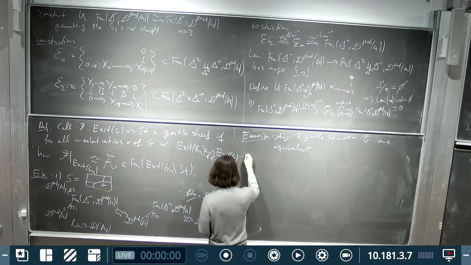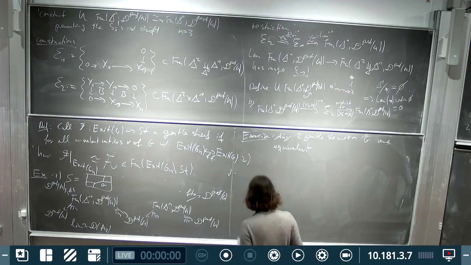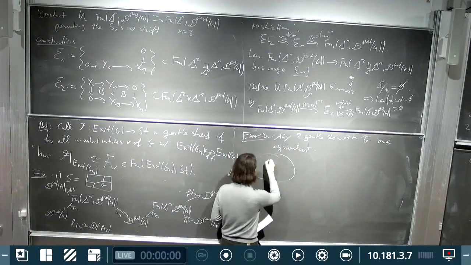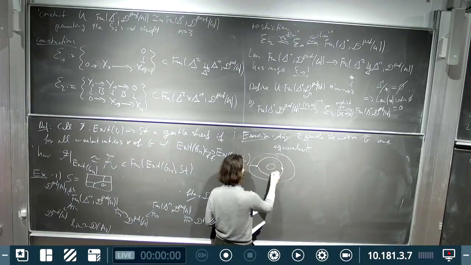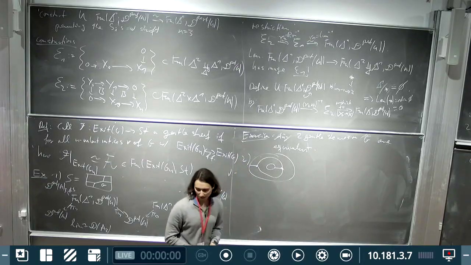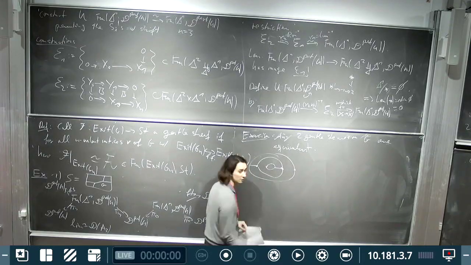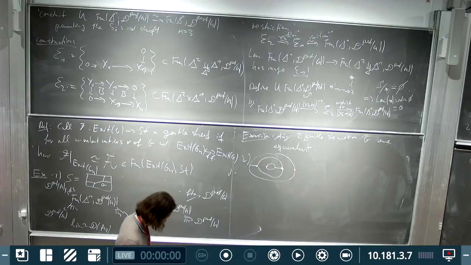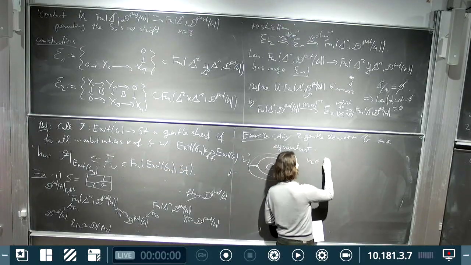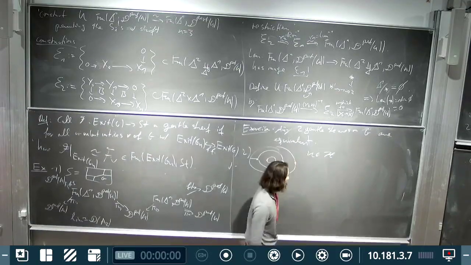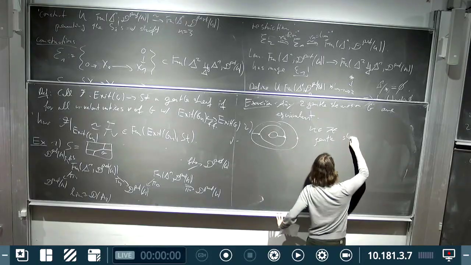Now we have a second example where this is not true. So this example is on the back. Let's take the annulus, a marked surface with two marked points. And let us choose a number n. Then a gentle sheaf, how would it look?